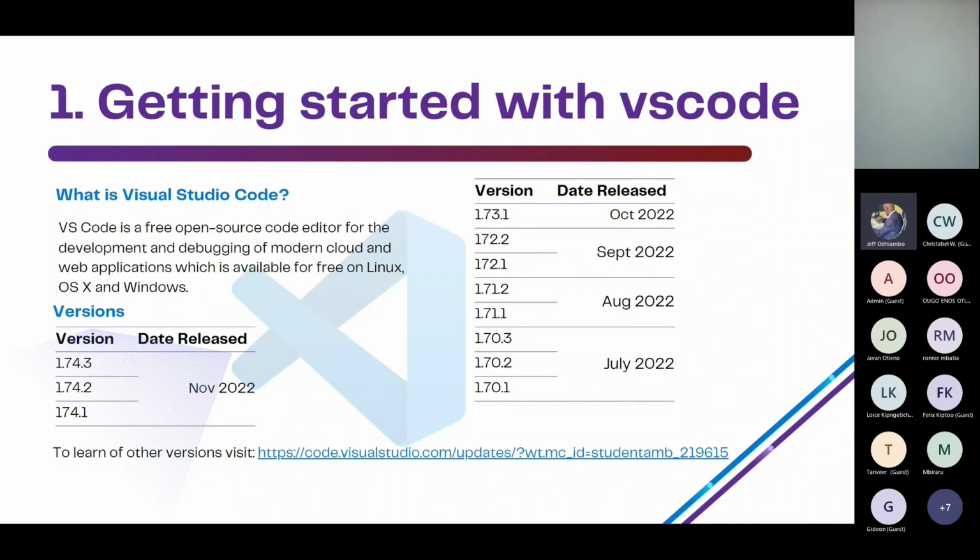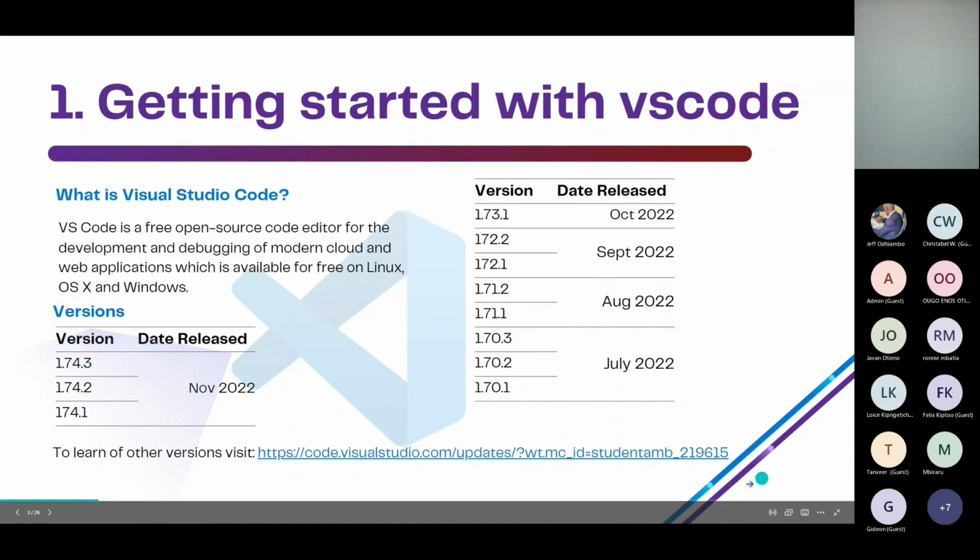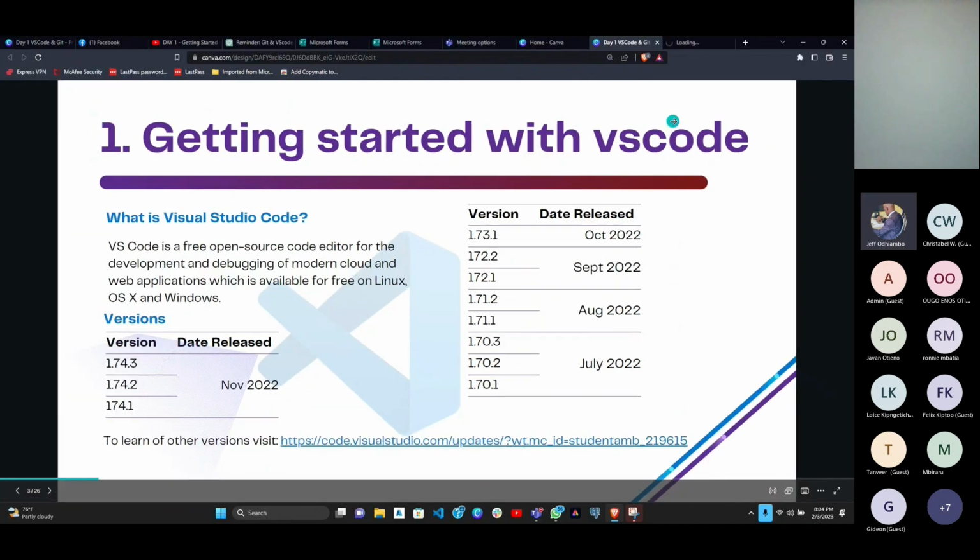VS Code is a free open source code editor for the development and debugging of modern cloud and web applications. It is available for free on Linux, macOS, and Windows. There have been versions of Visual Studio Code, so there's been releases, and you can check that if you click on that link, update.